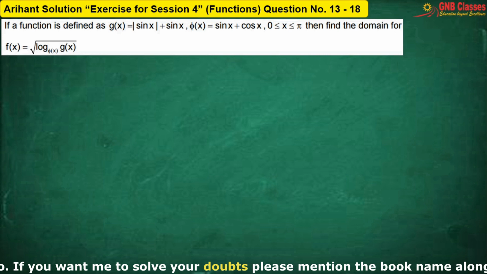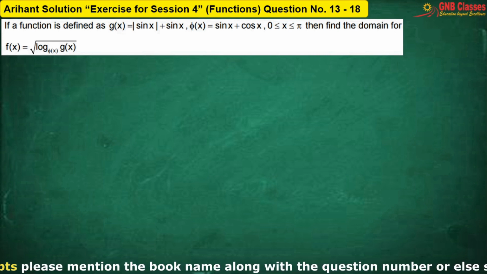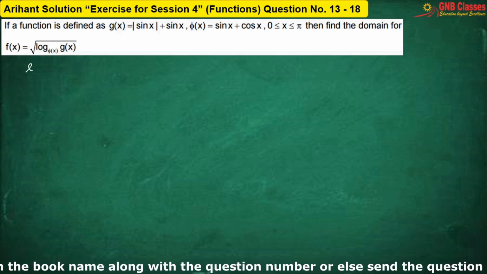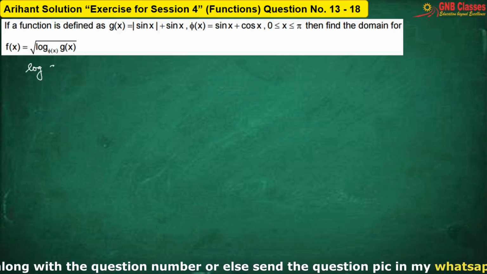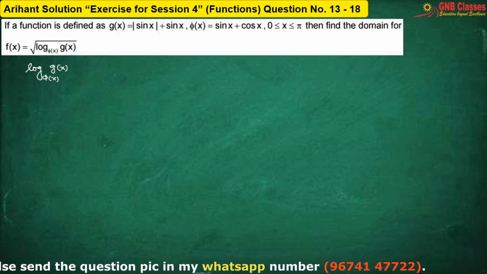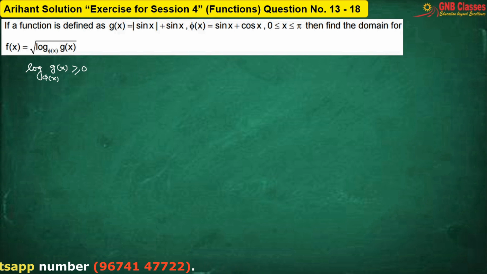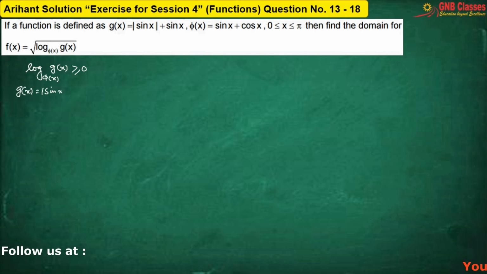In this problem, to define the function, the expression within the root sign of f(x), that is log g(x) base phi(x), has to be greater than or equal to 0, right? Now we have been given that g(x) equals mod of sin x plus sin x.